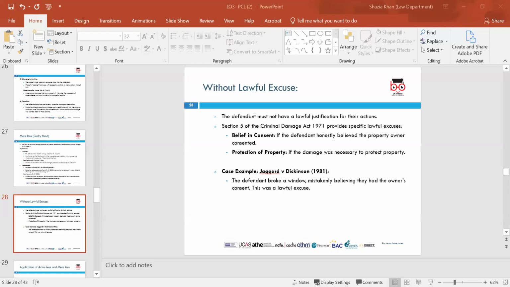This case highlights the defence of lawful excuse based on mistaken belief. An intoxicated defendant damaged a door, mistakenly thinking it was her friend's house. The key points identified in this case are that a genuine mistaken belief in consent qualifies as lawful excuse, and intoxication is relevant to the belief's genuineness, and it emphasises the subjective nature of the defence.